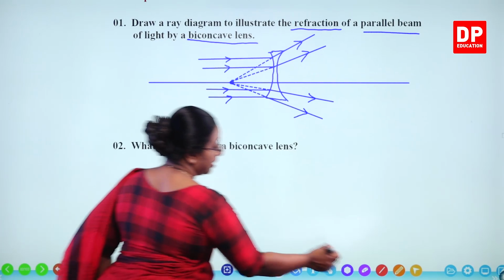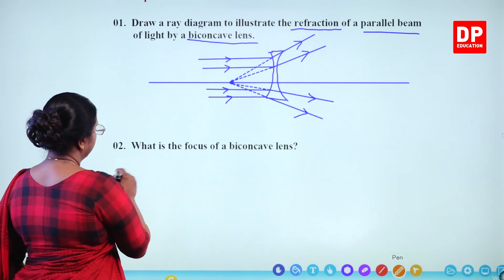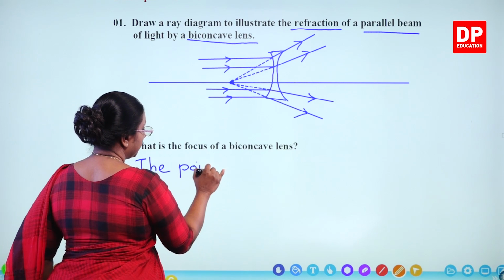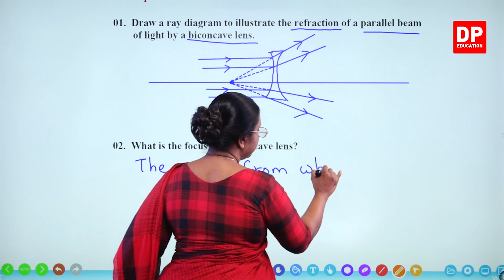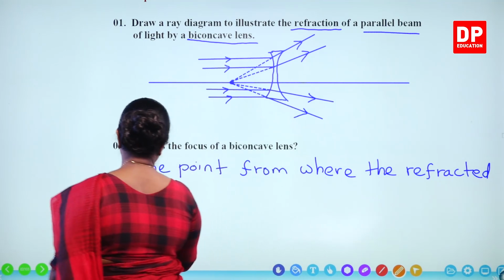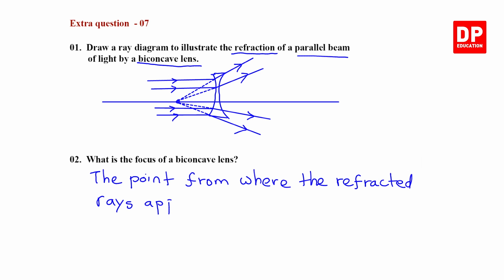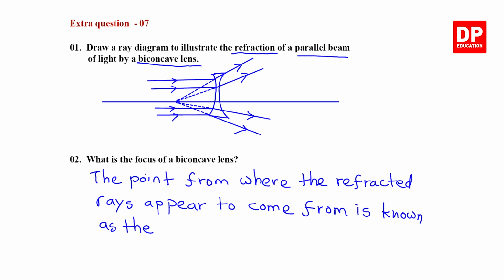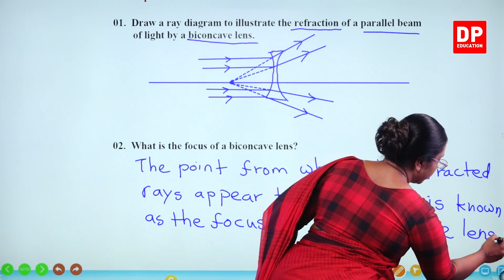The point from where the refracted rays appear to come from is known as the focus of the biconcave lens.